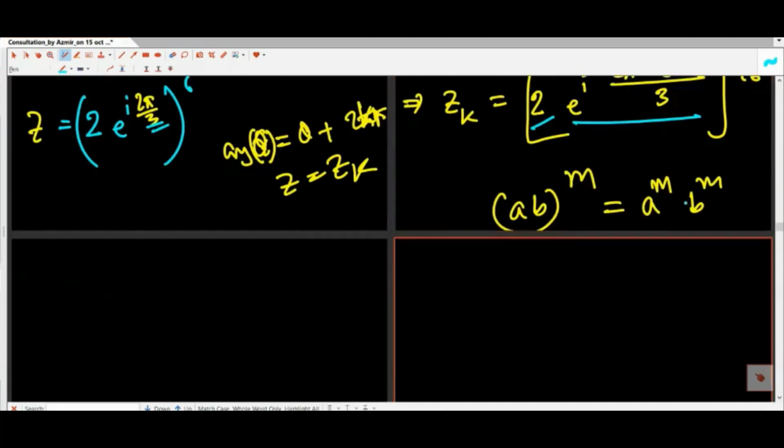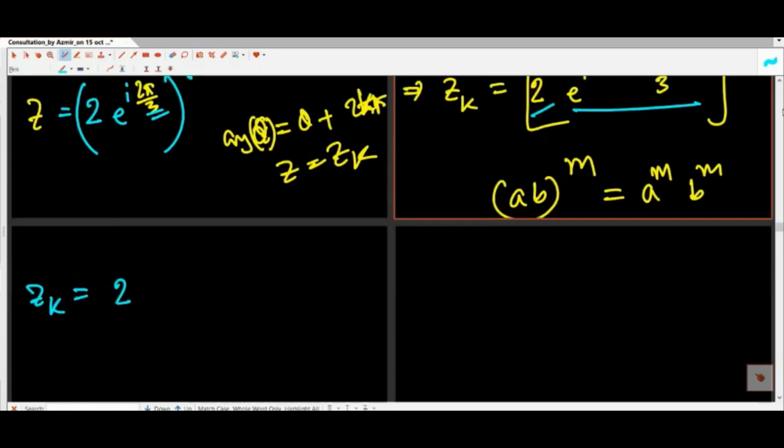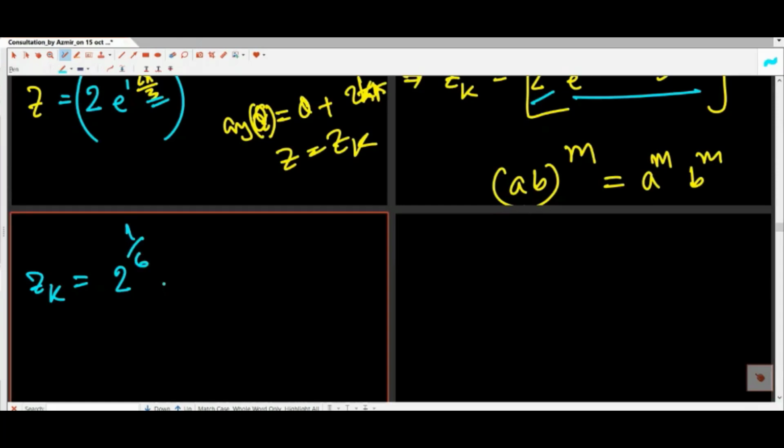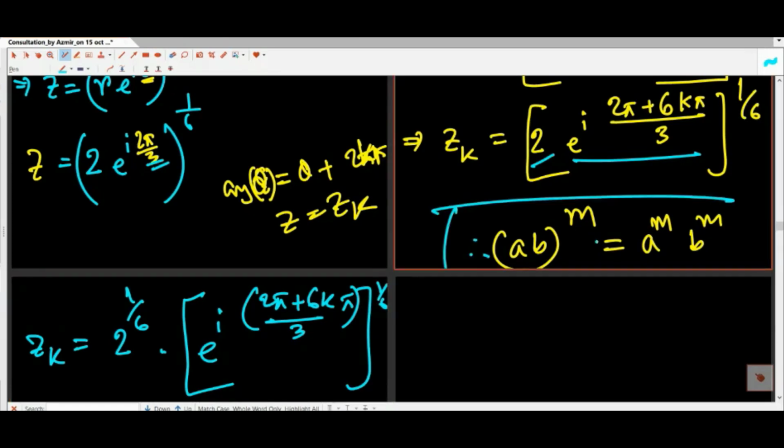So we can write zk equals 2 power 1 over 6 times e power i (2 pi plus 6k pi) over 3, with power 1 over 6.